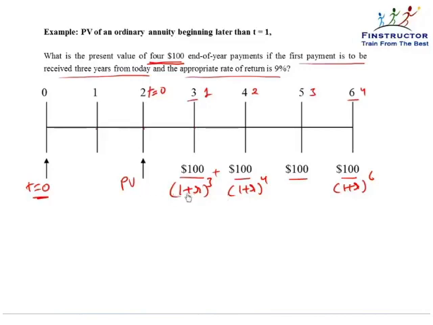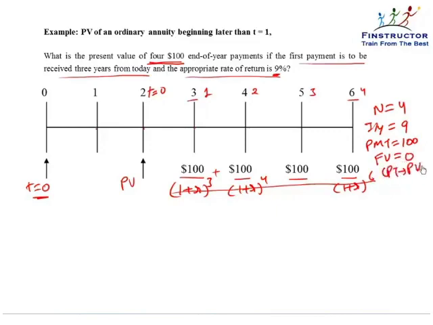So if you're to calculate it in this fashion, then I just need to enter n as 4, I by y as 9, that's given in the question, PMT of 100, there are $100 end of year payments coming, FV as 0, nothing additional coming at the end, and compute PV.